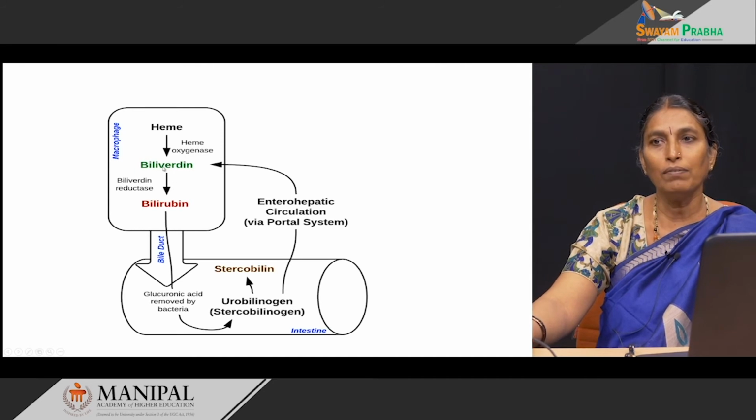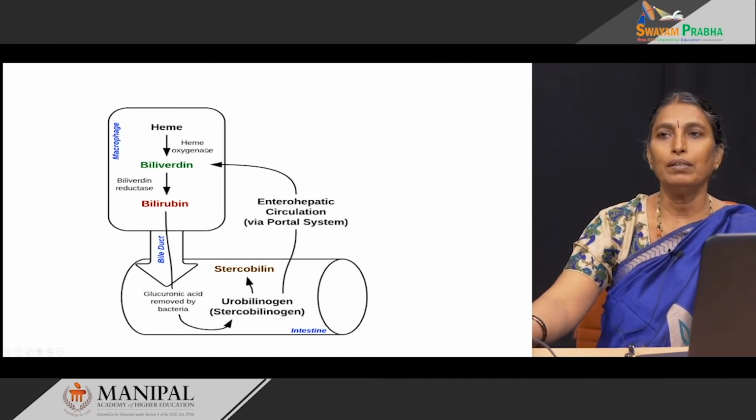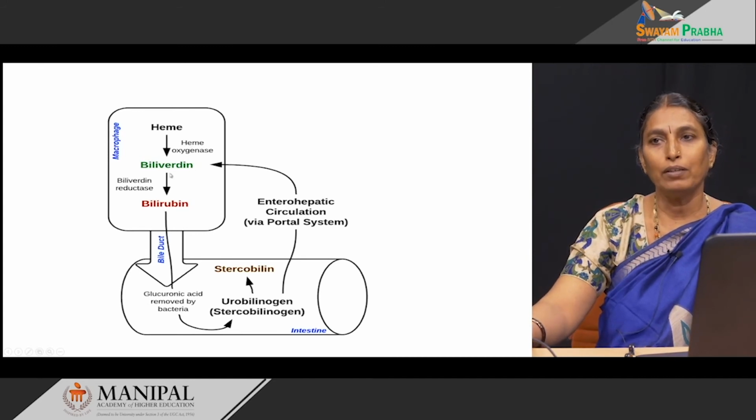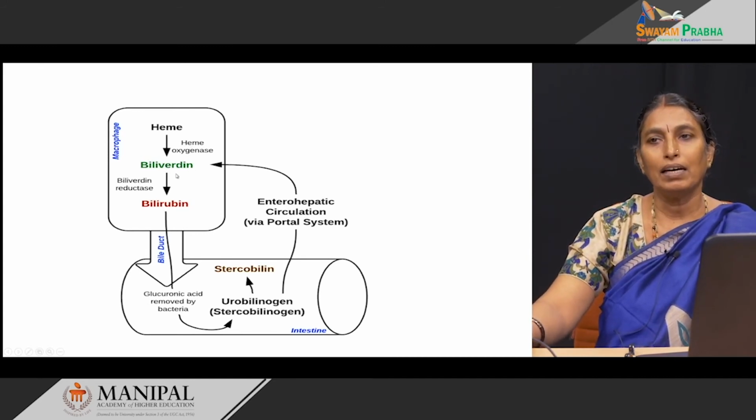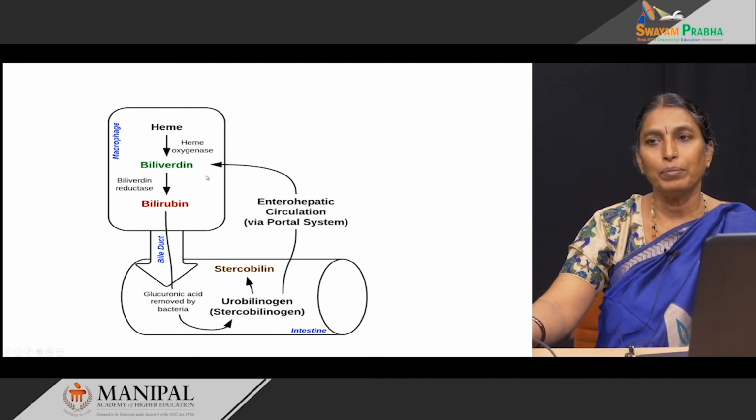This is the only reaction in our body which produces carbon monoxide. This biliverdin is immediately converted to bilirubin by the enzyme called biliverdin reductase, which utilizes NADPH plus H plus as the hydrogen source.